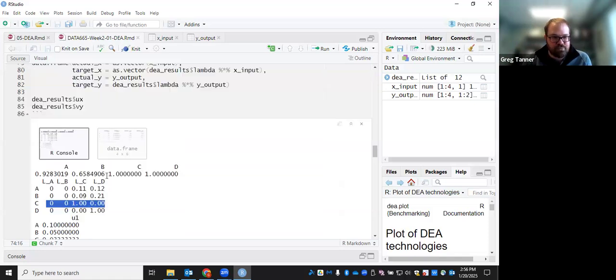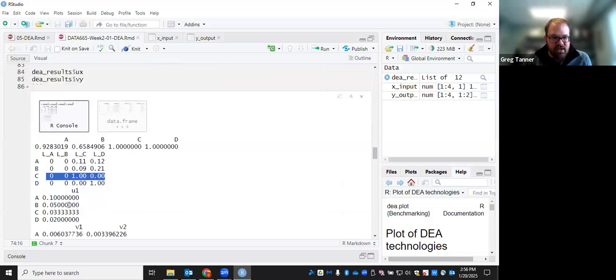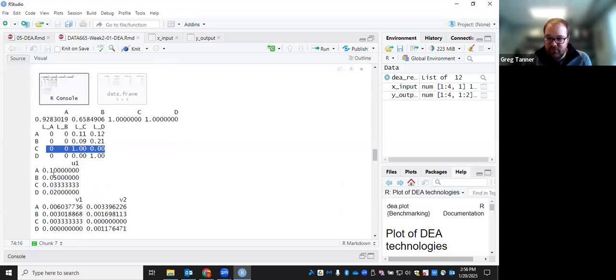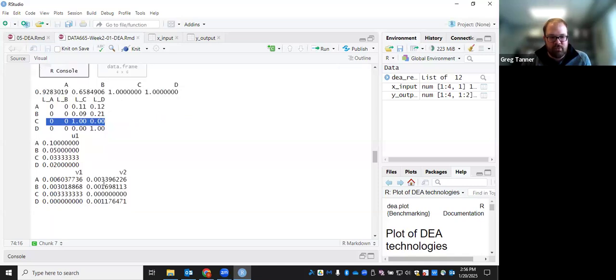Okay. I'll talk about these U's and V's. Those are the dual variables, essentially the values that they put on those inputs and outputs. When there's only one of them, not so meaningful, but when there's two, so when we have two outputs here, we can see how each DMU rates the two outputs relative to each other.